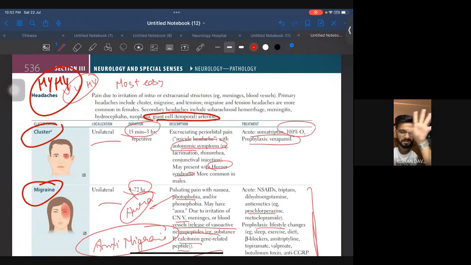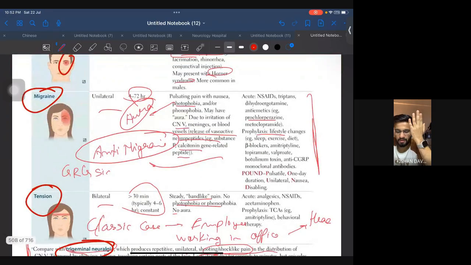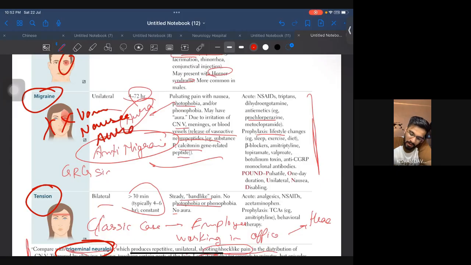तो एक सिंपल सा फंडा दिखा देता हूँ. If there is eye involvement, cluster is the answer. Eye involvement, retroorbital pain है, cluster is the answer. If there will be no eye involvement, particularly retroorbital pain नहीं होगा, but along with the headache, the patient is having vomiting, nausea, or some kind of aura, or in the case they will say कि light on करने से, if the light is on, more pain.